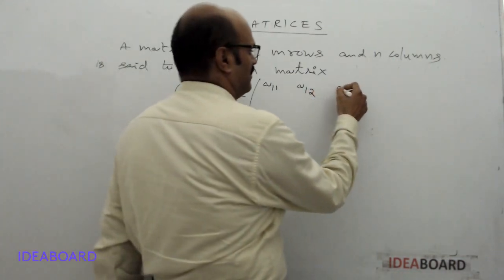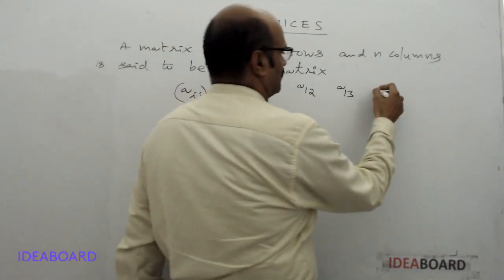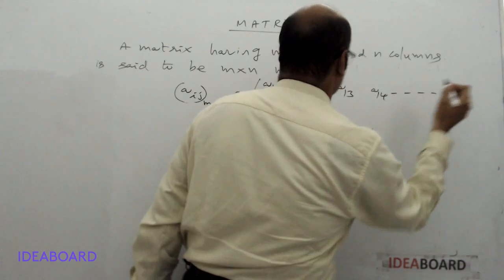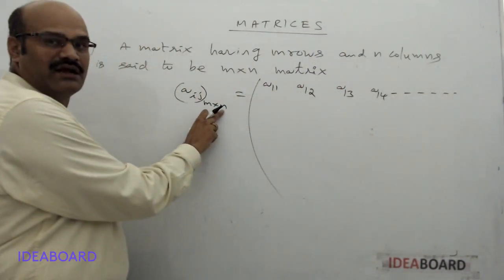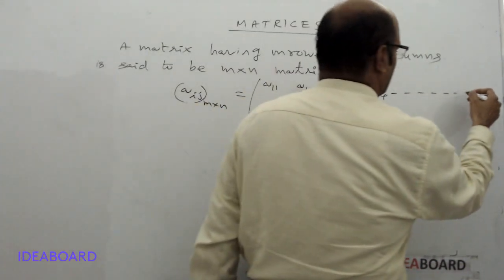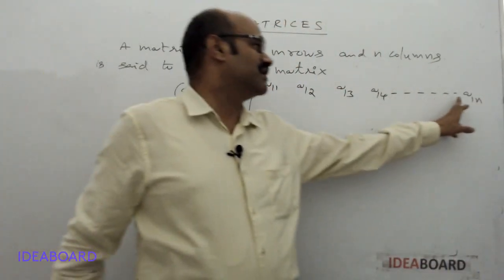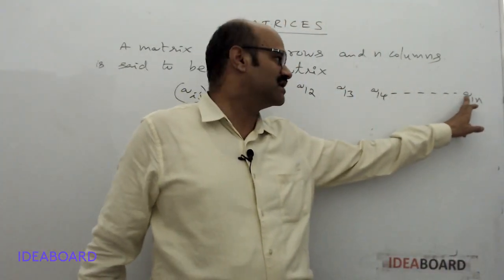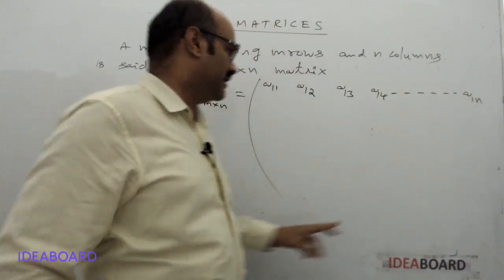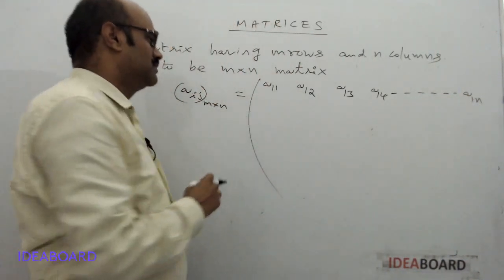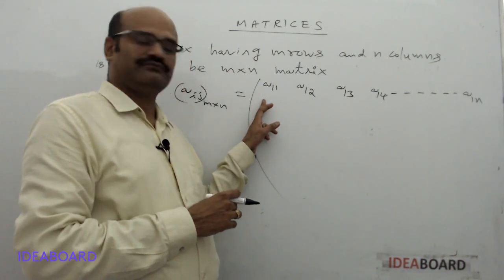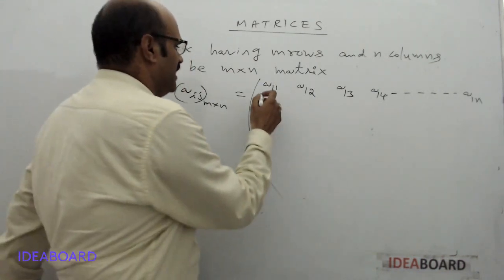Next element A13, A14 and so on. There are n columns. So we should write it as last element is A1n. Since we have n columns, we should take it as last element is A1n. Next, come to the second row. In second row, the first element is A21.